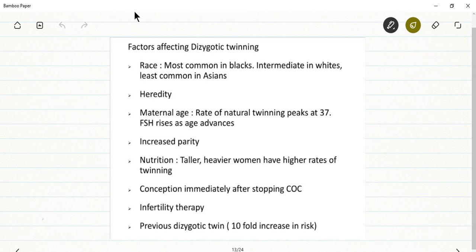Now dizygotic twinning, that is two oocytes being fertilized by two spermatocytes, has various risk factors associated. Like race, heredity, maternal age. Increasing maternal age increases the risk, increased parity, nutrition, conception immediately after stopping a COC, infertility therapy, any kind of infertility therapy, whether it be ovulation induction.